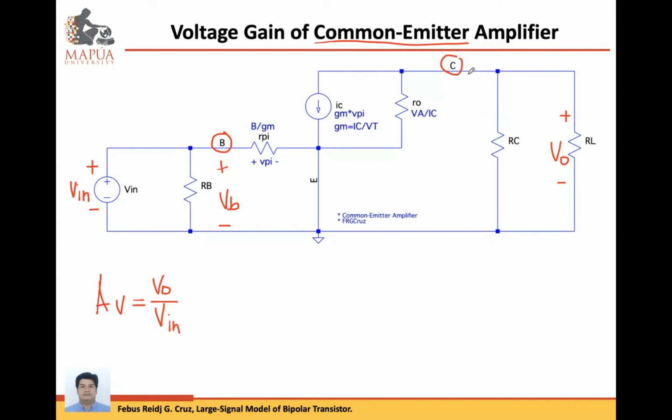So the base voltage eventually will become collector voltage, and then finally, the collector voltage will become output voltage. Based on this, we will have three segments. This will be the input side. Then from base to the collector, you have the transistor. And then from collector to load, we'll have the output circuit.